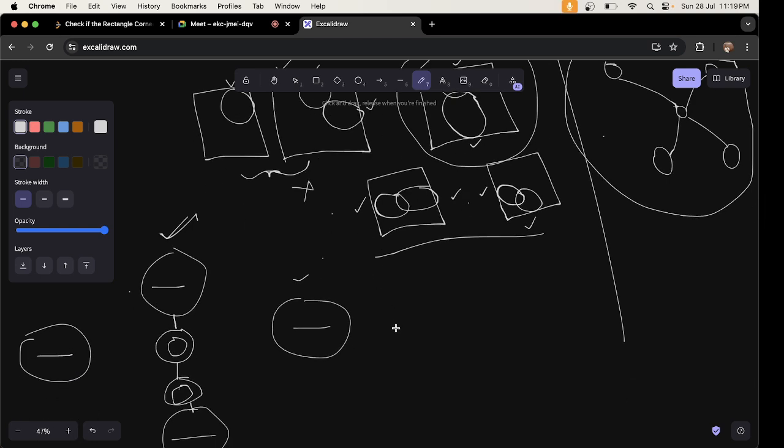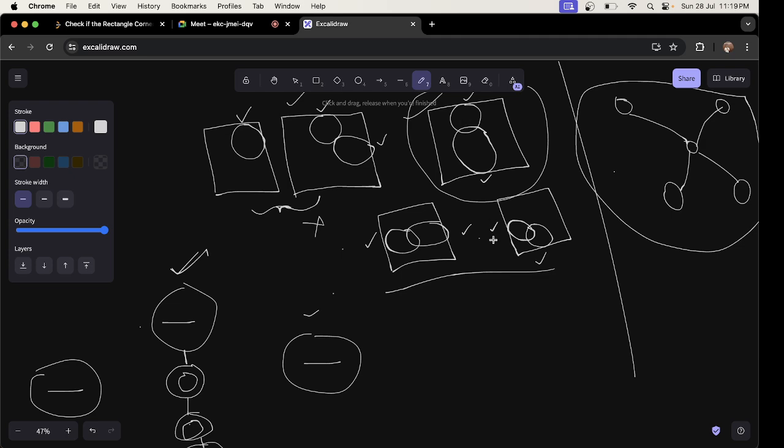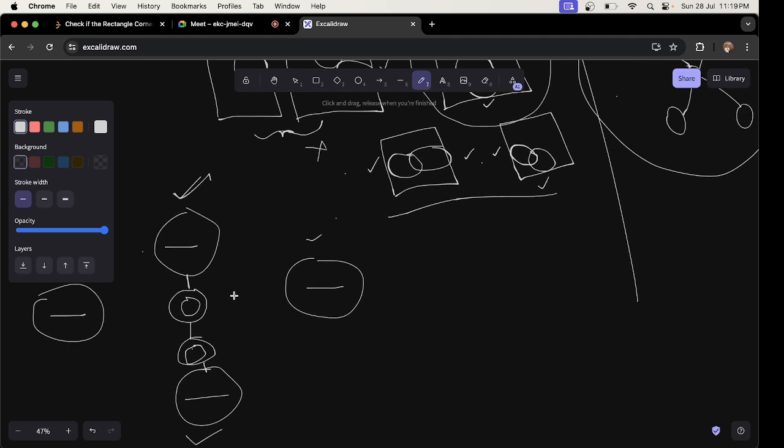We will also check whether the circle is touching or intersecting any other circle. If yes, there will be an edge between those two circles as well. For example, in these two circles there was an intersection, so I connected them.